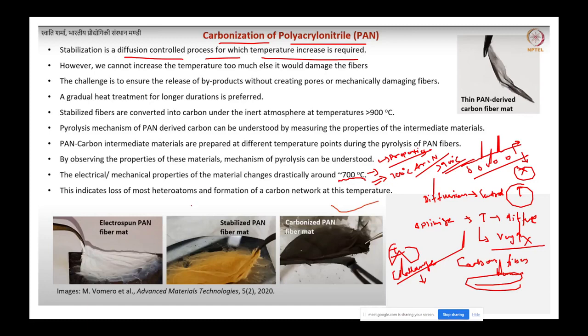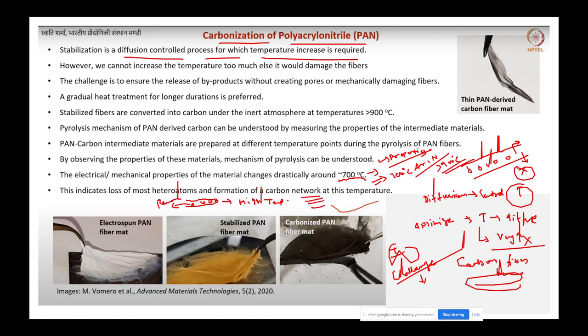Usually, suppose this is your carbon fiber, and in between you have a lot of atoms. When you expose it to high temperature, these random atoms and heteroatoms can be removed, and only your carbon fiber networks will form at this temperature.